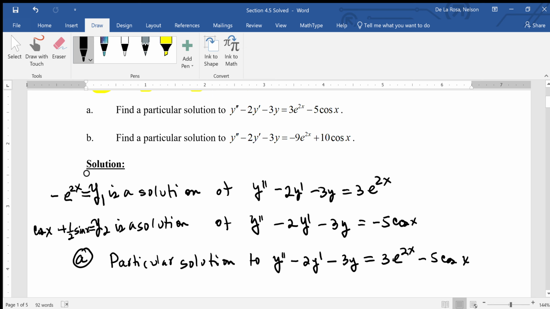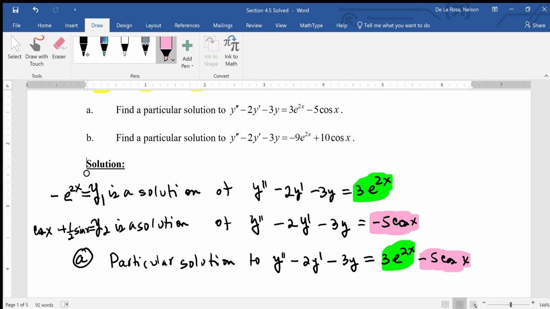Notice that this term is the same as this, and the one in pink is the same as the one in pink in the equation we have to solve.